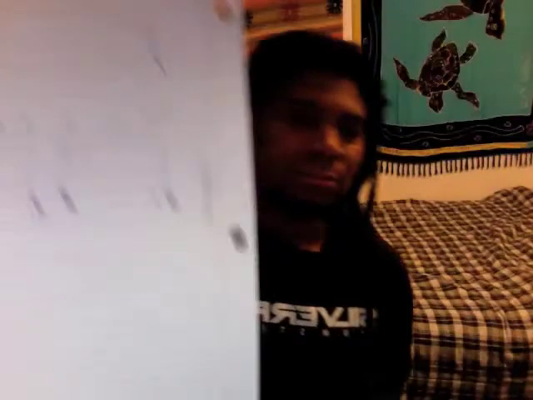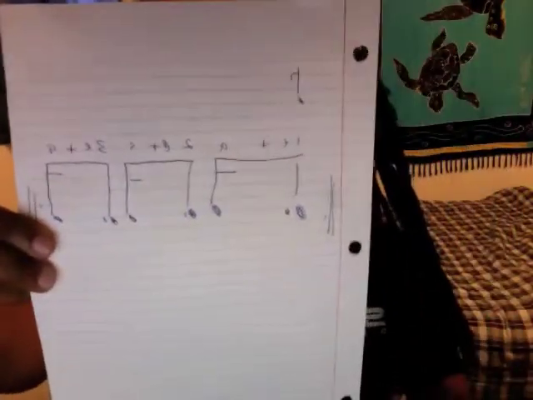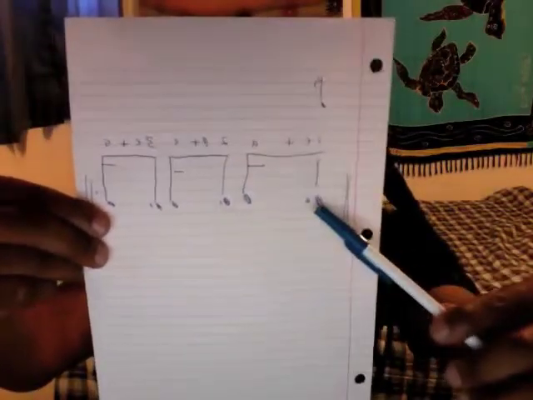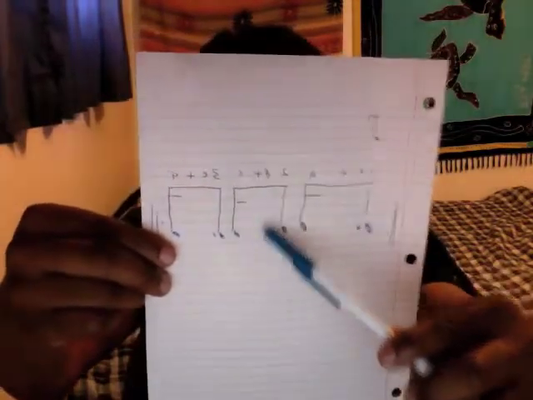So 1 E and, 2 E and, 3 E and. So 1 E and 2 E and 3 E and 1 E and. This note lasts for 1 E and, or here 2 E and, right?